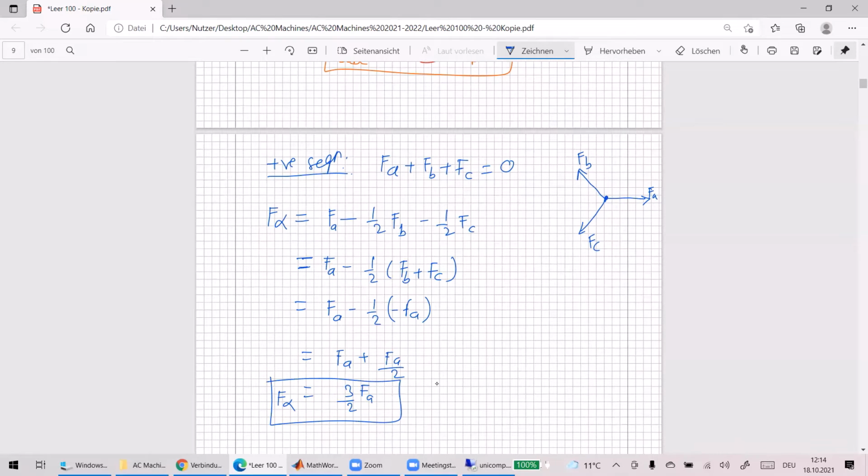So do you see a factor over there? This is the extra factor we have, right? This is 3 by 2. So if we want to do the transformation in such a way that our alpha component value is exactly the first phase, then we have to multiply this with 2 by 3, right?